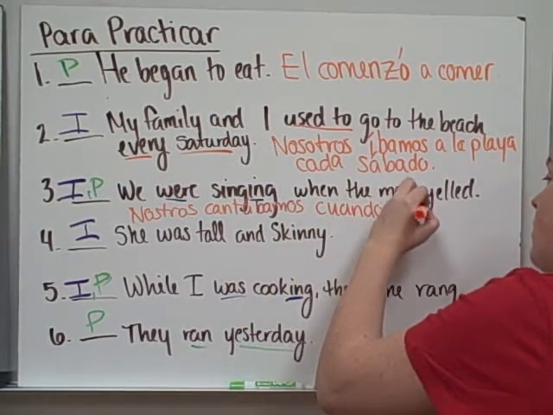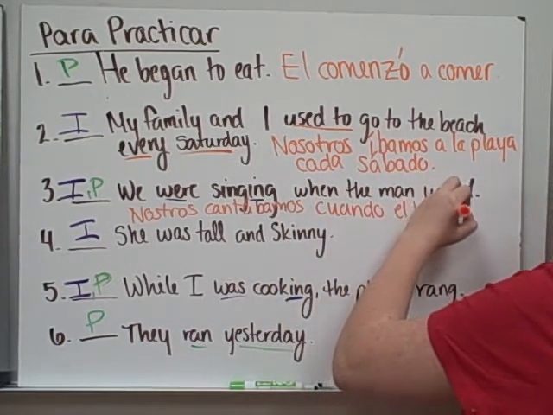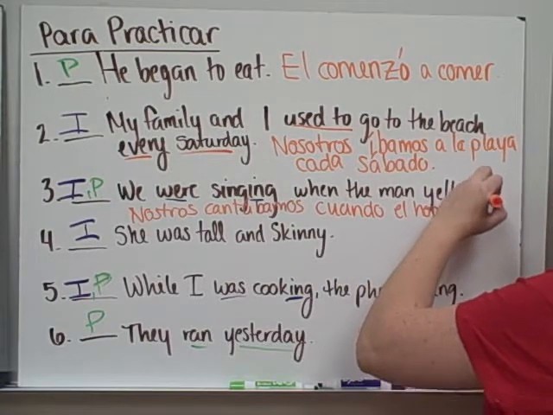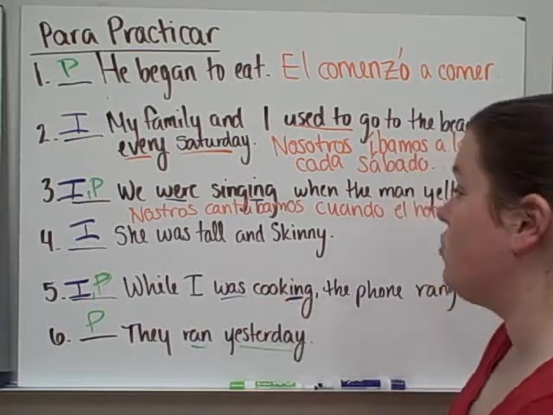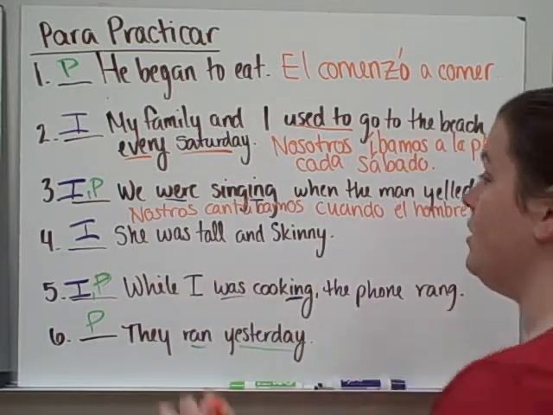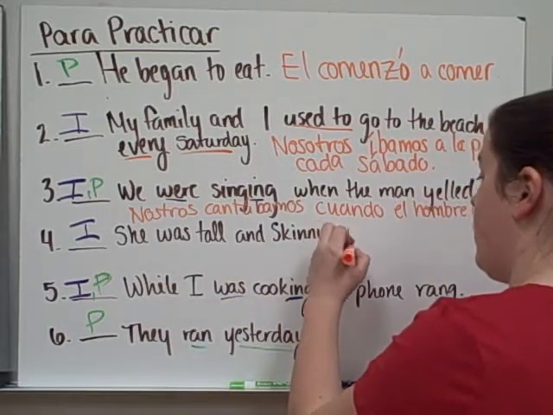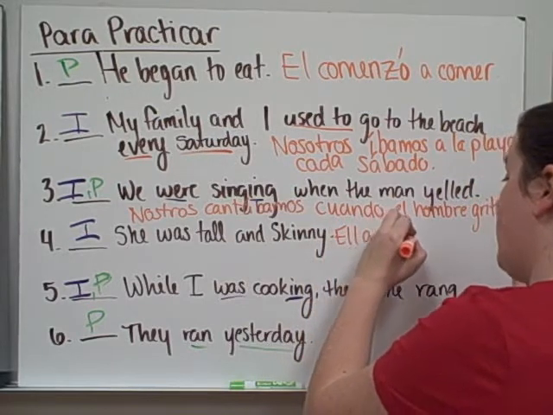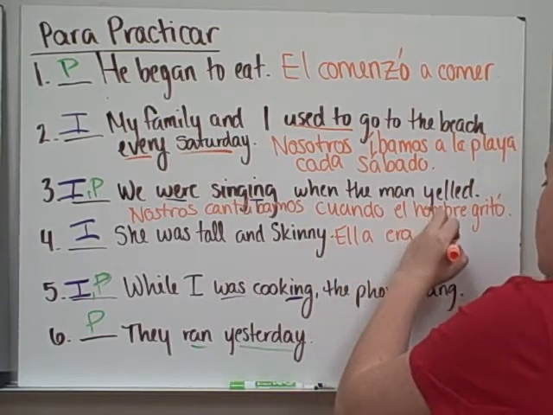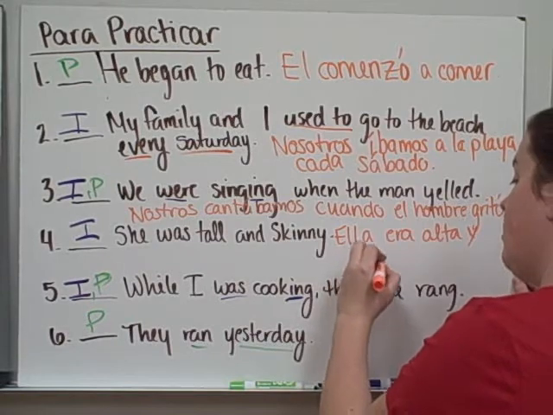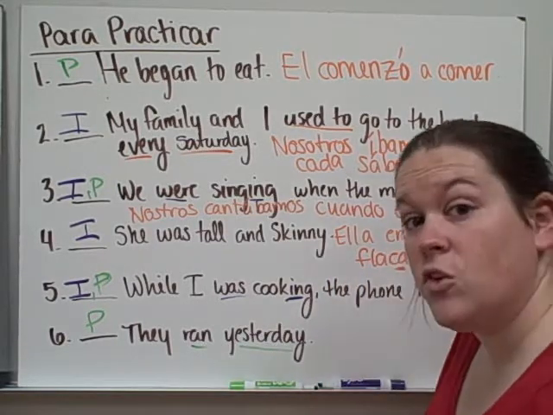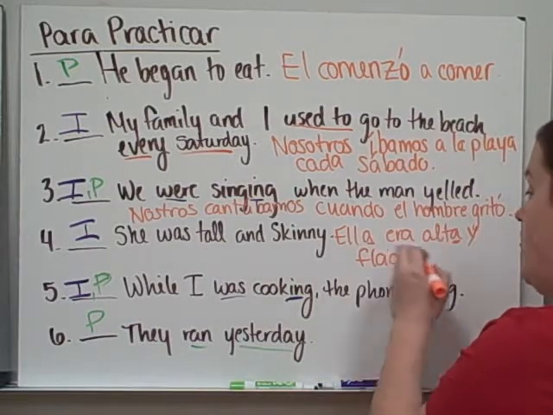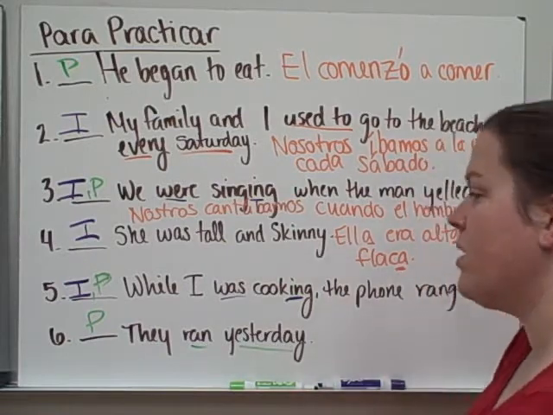El hombre, the verb is gritar, becomes gritó, yelled, interrupting action. She was tall and skinny. Ella era alta y flaca, skinny. Note that my adjectives agree with the fact that it's a girl, one girl. Ella era alta y flaca.